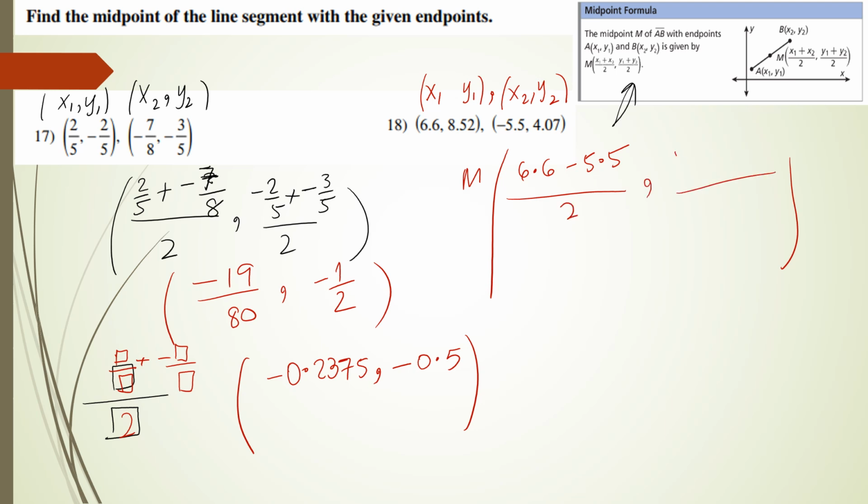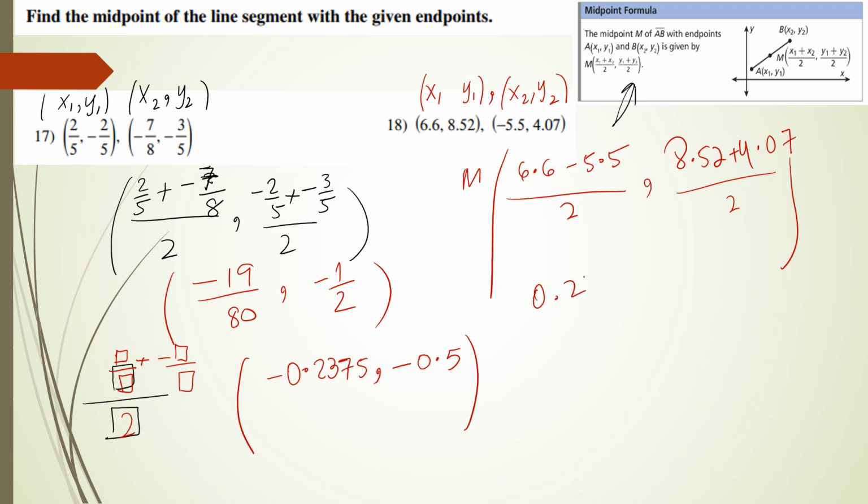So now y1 is 8.52 plus y2 is 4.07 divided by 2. Write one by one in the calculator to get the answer. So write here 6.6 minus 5.5 divided by 2 and press the SD because the question is in decimal. Write the answer better in decimal.